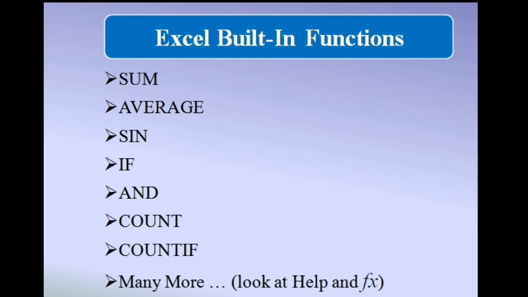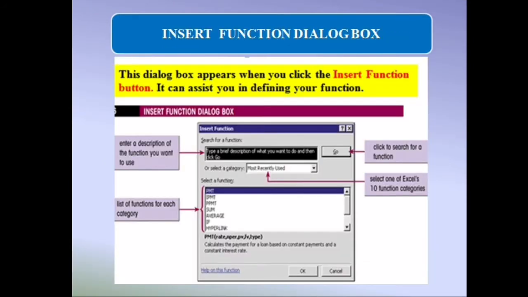If you want to write a formula in MS Excel, you can write the formula directly in the cell. Otherwise, if you want to use the insert function dialog box, you can click on the formula tab and then choose insert function, sum function.